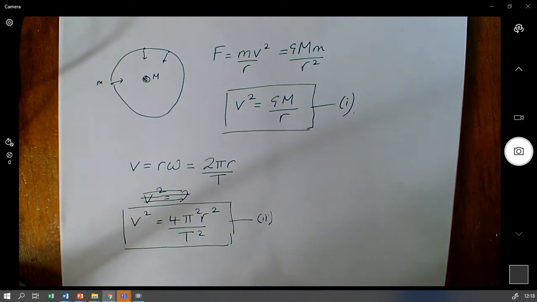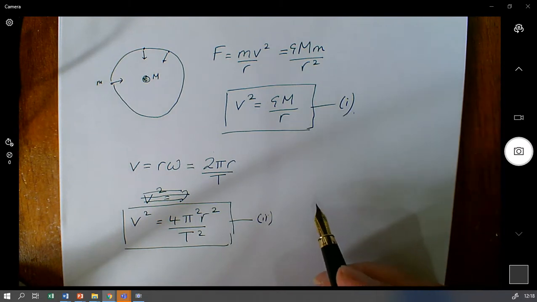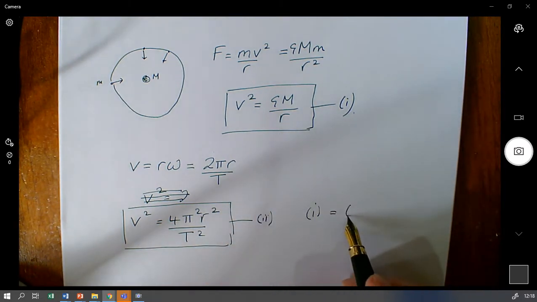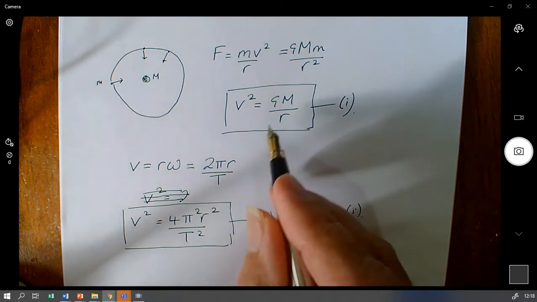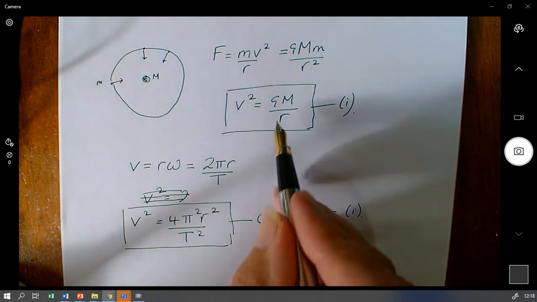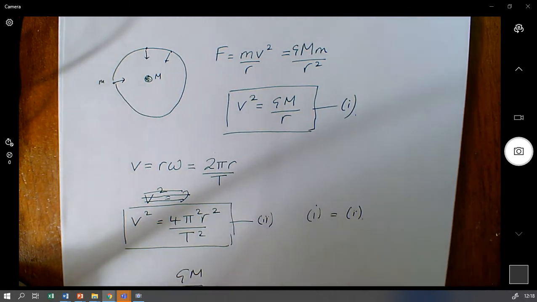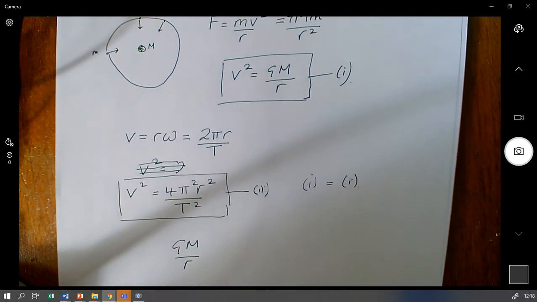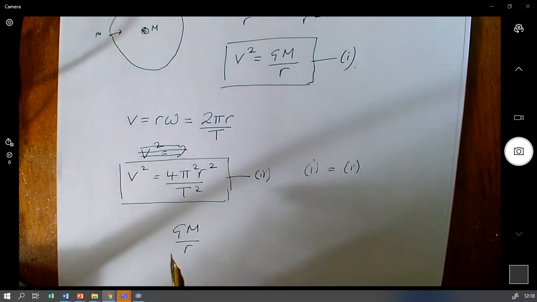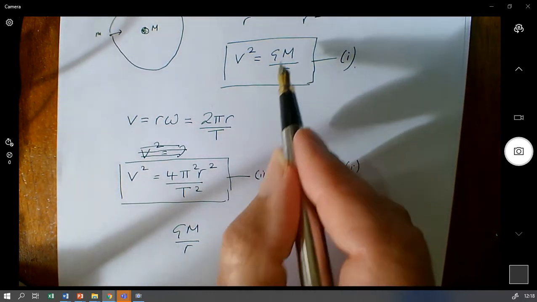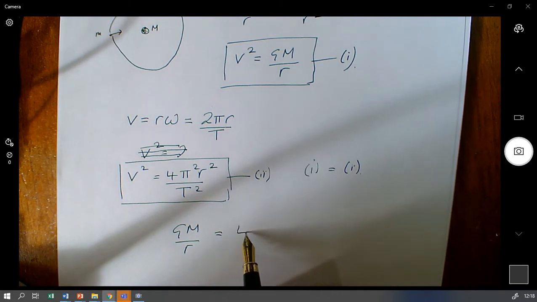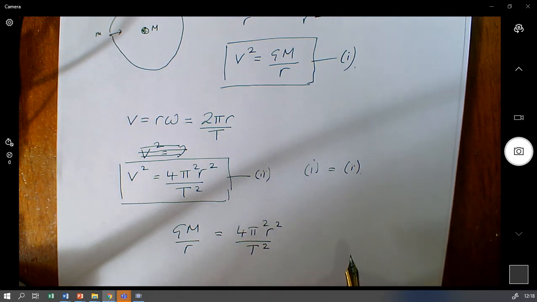Very simply, equation 1 is equal to equation 2. Let's just equate them. So we have GM over r is going to be equal to 4 pi squared r squared over T squared.